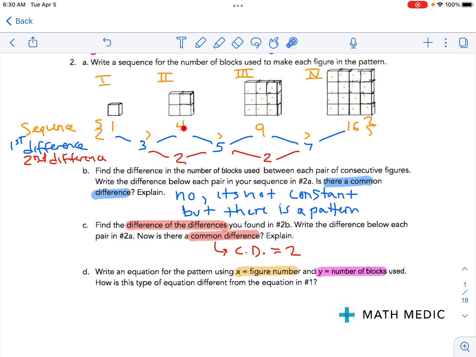So figure 1, the block is 1. Figure 2, the block is 4. Figure 3, the block is 9. Figure 4, the block is 16. So it looks like to get the number of blocks, we're taking the figure number and squaring it. And so now that pattern we know is quadratic.